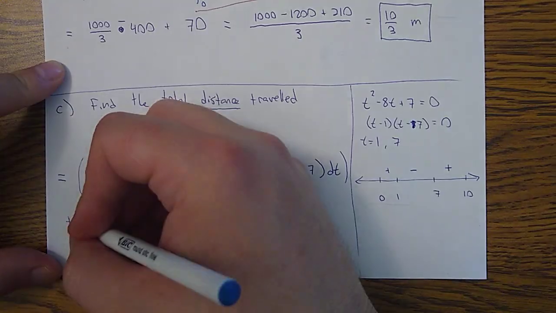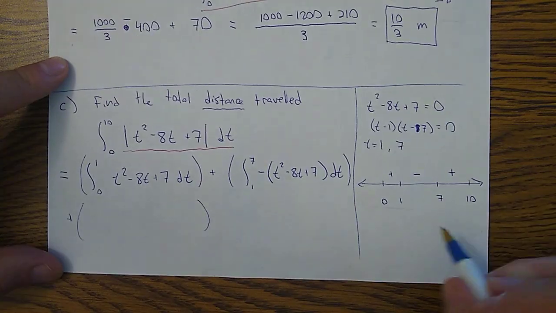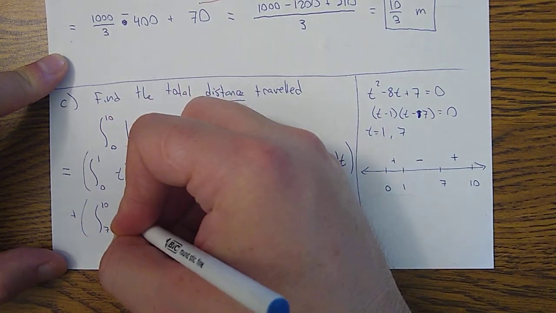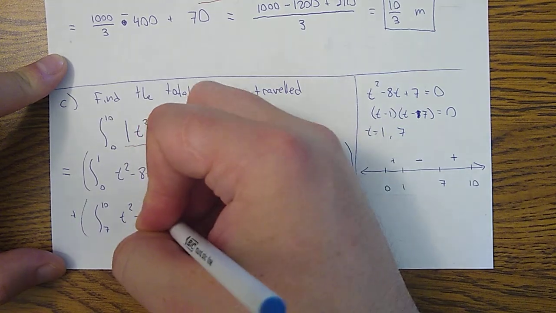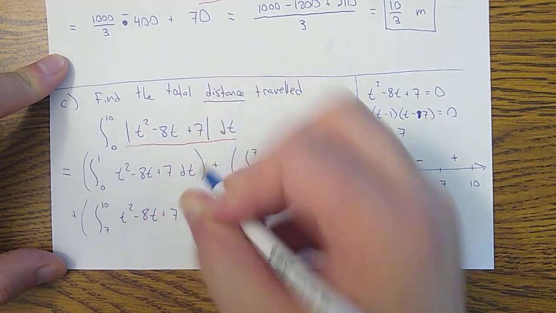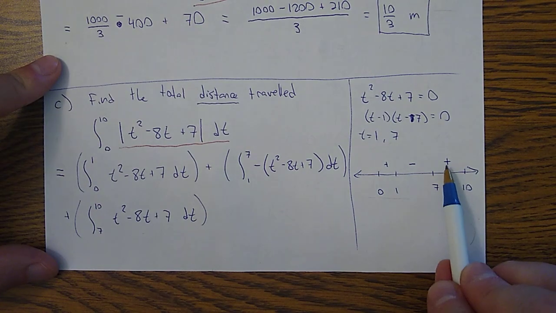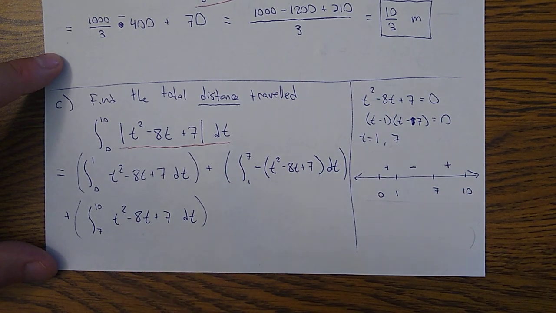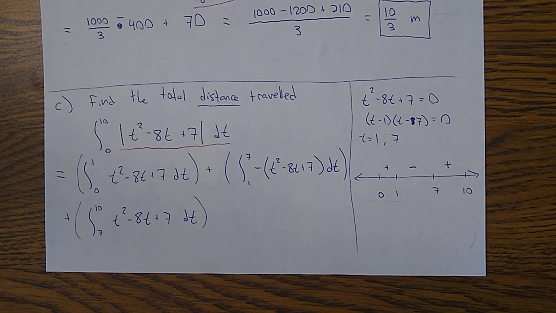Plus one more piece, the piece from 7 to 10. That piece is like the first piece. The function is positive on that interval, so the absolute value doesn't do anything, so I just drop the absolute value. So those are the two things that can happen.